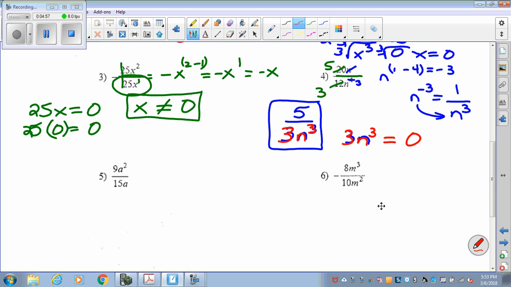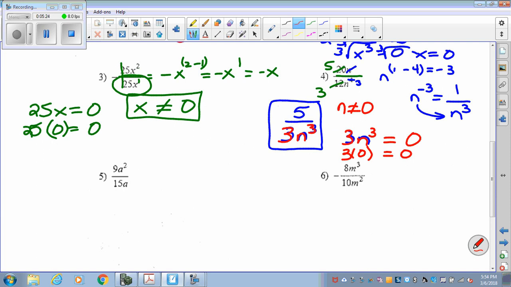Again, it's 3 times 0, which equals 0. So n cannot equal 0. If you have an n all by itself, being multiplied as a factor, then that cannot be 0 because it's a separate factor.